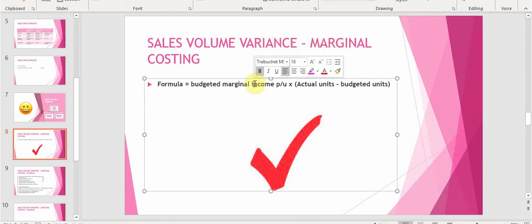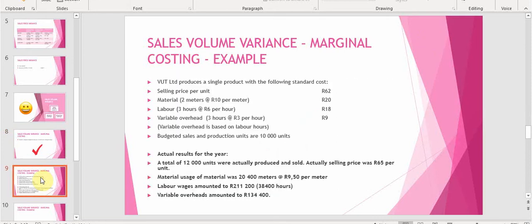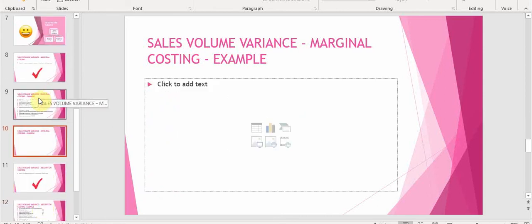And really at this point, you must just study one single formula. I don't think that you're going to have a hard time remembering it. So if we look at the sales volume variance calculated under marginal costing, it is the following formula that will apply. Budgeted marginal income per unit times actual units minus budgeted units. So again, this will seem very abstract. You may not understand this formula upon seeing it for the first time. So again, I have copied this VUT example in here so that I can demonstrate to you what this formula means. Right, so let's calculate it.